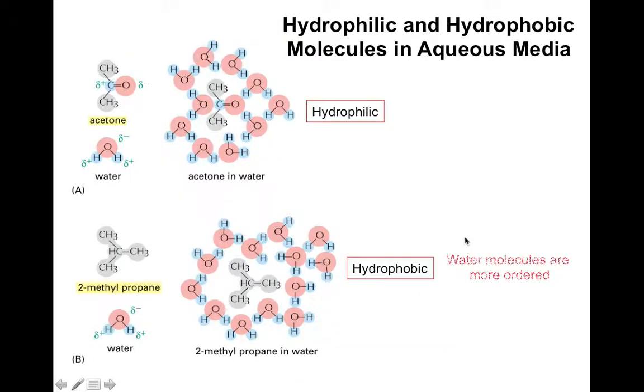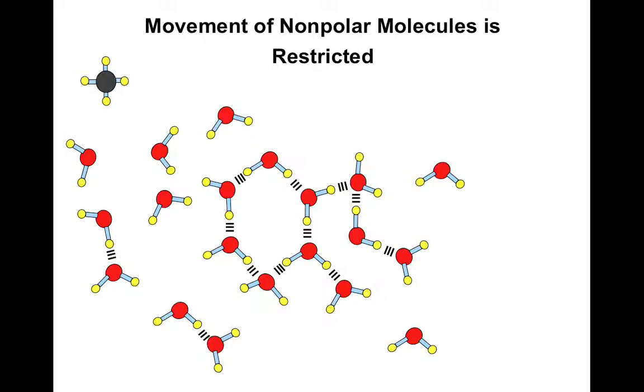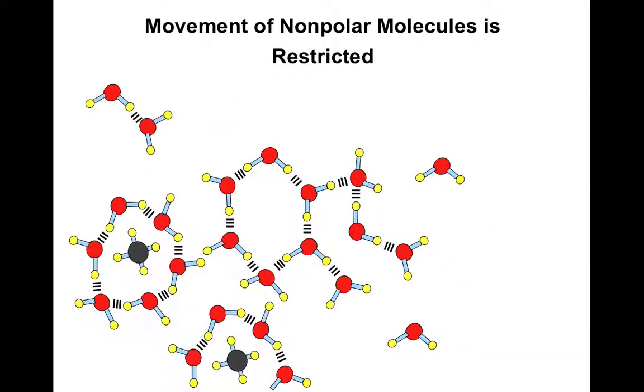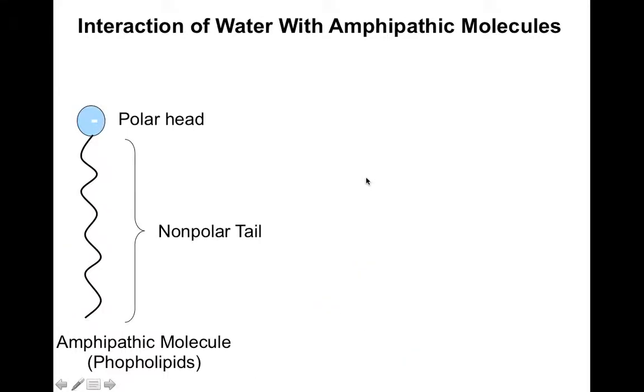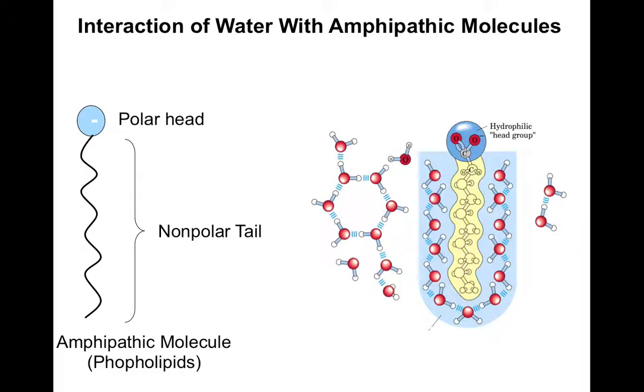And this is very important because hydrophobic molecules tend to cluster together like this, and water basically forms cages around these hydrophobic molecules. So say you have a hydrophilic head group and a hydrophobic tail. This becomes surrounded by water cages.